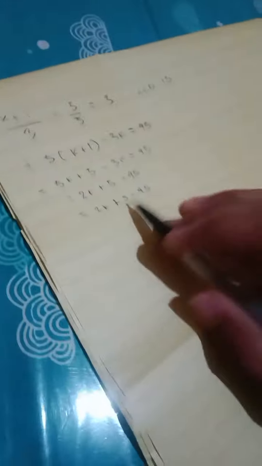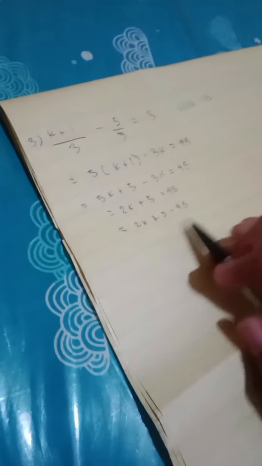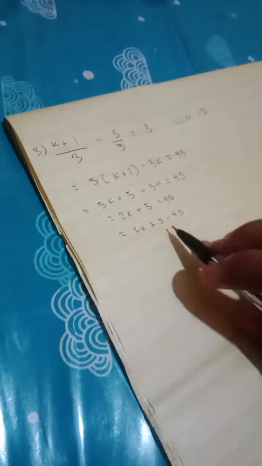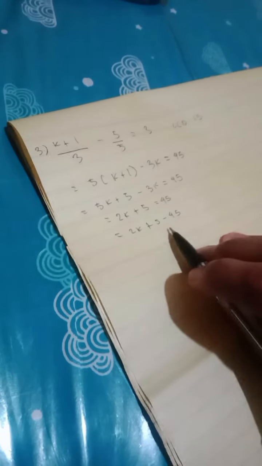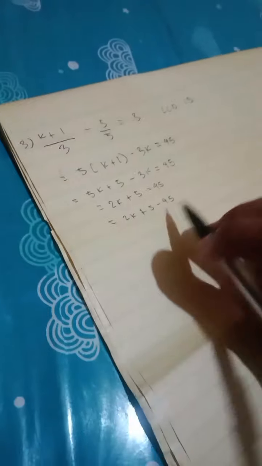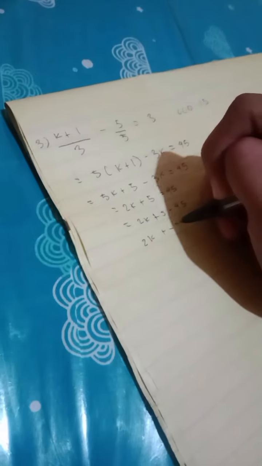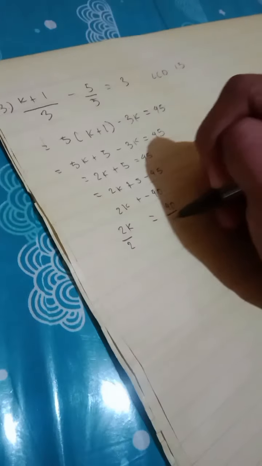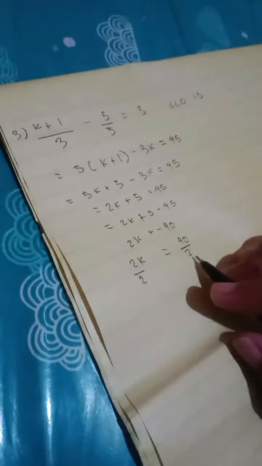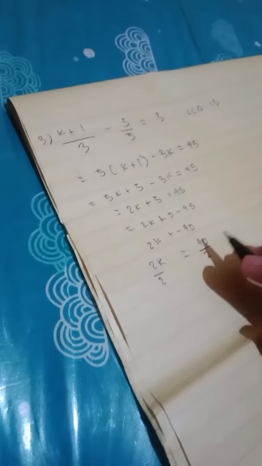Then combine 5 and the negative 45 to get negative 40, because if we combine it will become subtracted. And it will become 2k plus negative 40. And there's the result: 2k equals 40. And then we're gonna do 40 divided by 2 equals k, k equals 20. That's the result.